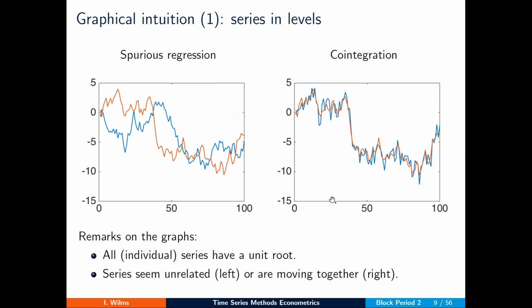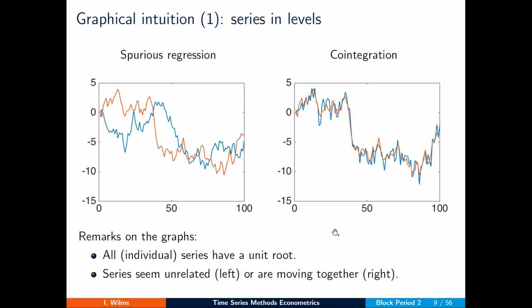On the right-hand side, I have again two series that each have a unit root, but this time they are moving together. So we say that these series over here are co-integrated, since they move together in the long run. So these two panels are quite different situations, and we would like to be able to distinguish these cases in practice.